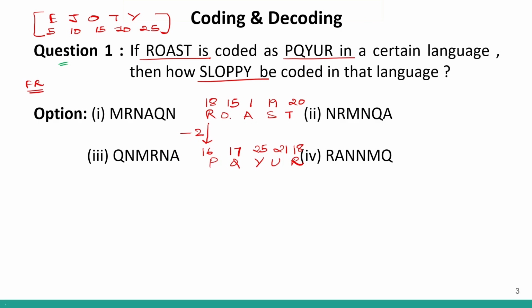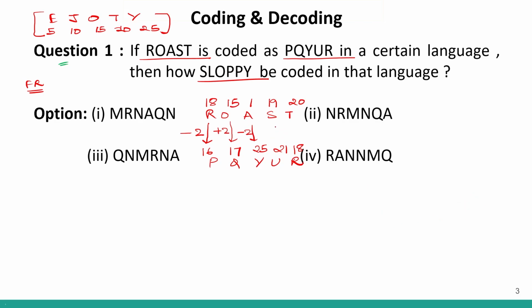From 15 to 17, I'm going +2. From 1 to 25, it means +24. But if you use the concept of looping, if I go from A to Y, it will be -1 and -2, so this can be written as -2 as well.